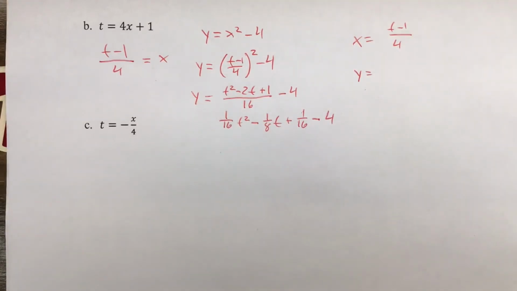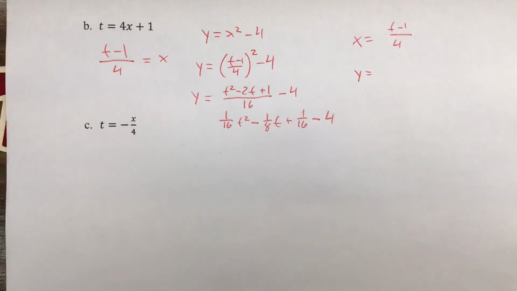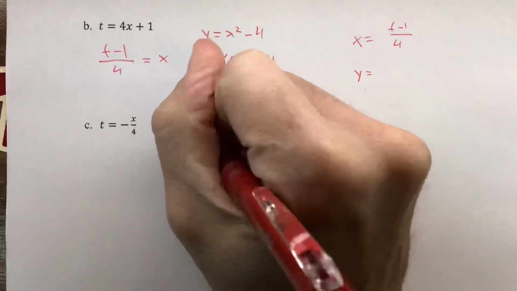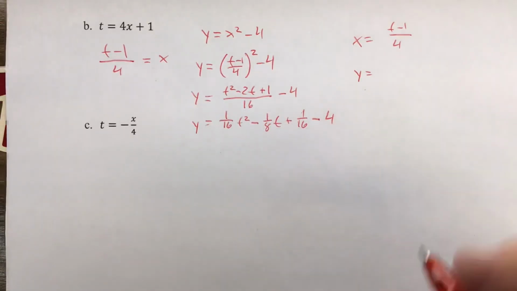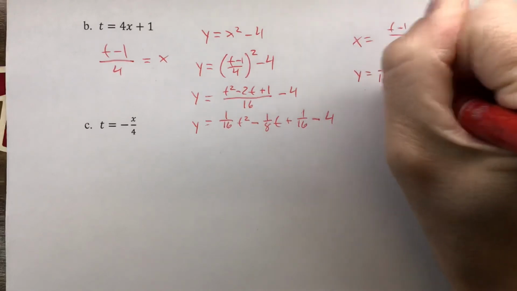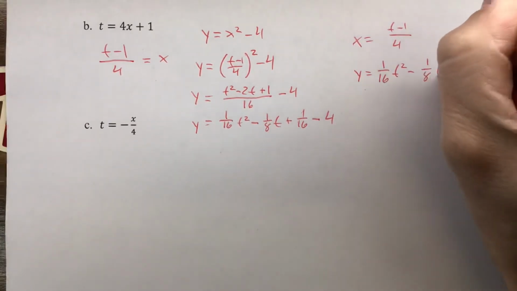Okay, and now most of this looks pretty good here, except that you got two constants at the end, so I'll go ahead and just group those together. But for the most part here, this is what I wanted to do with expansion. So I do get 1/16 t squared minus 1/8 t.